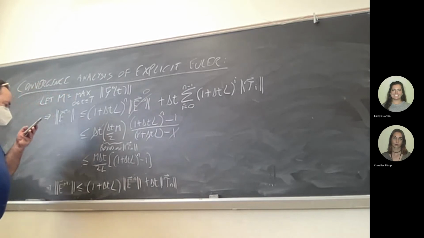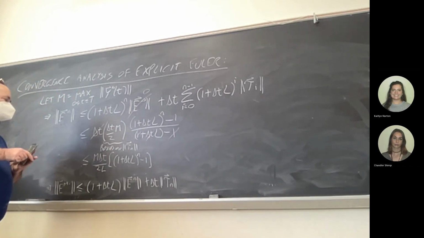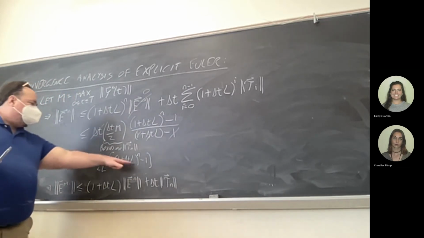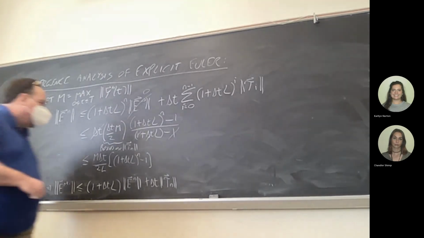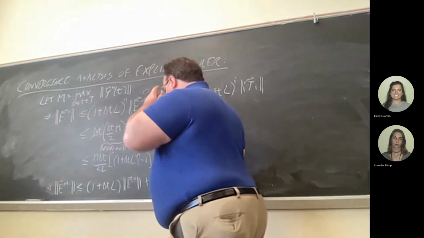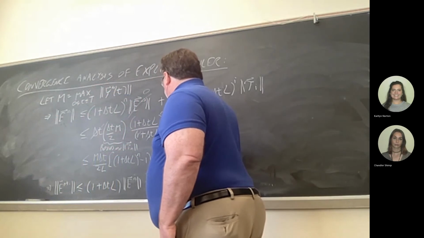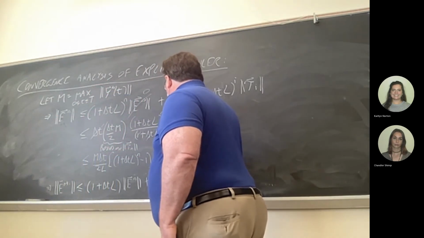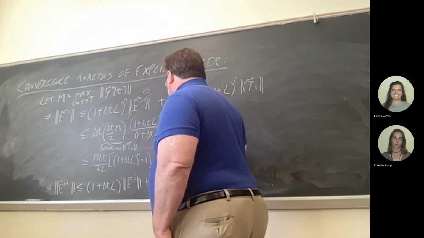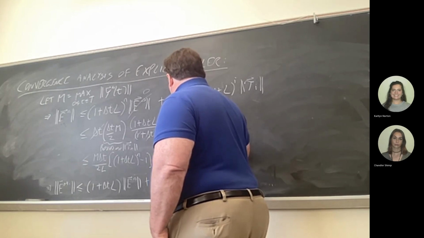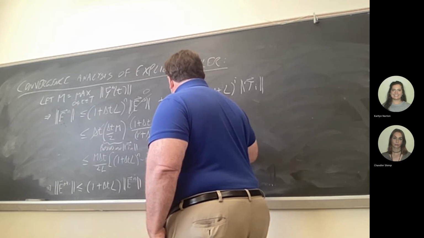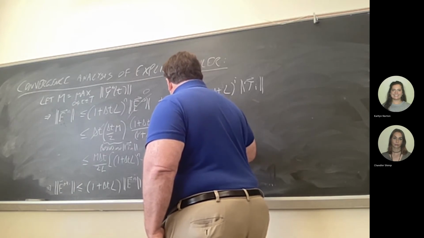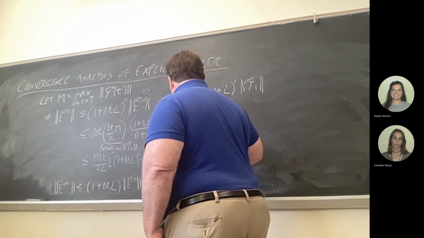But the expression inside parentheses here is the first two terms of the Taylor series for the exponential. So I could say that this is less than or equal to M ΔT over 2L times (e^(L n ΔT) − 1).